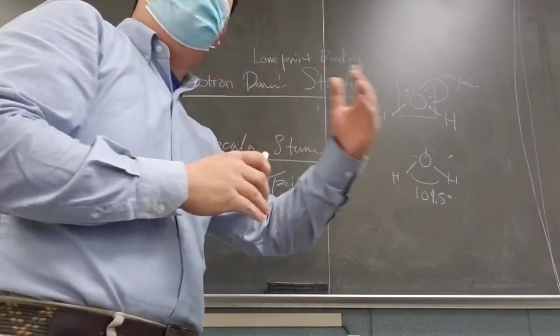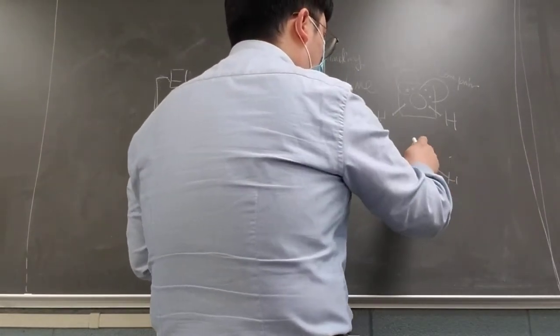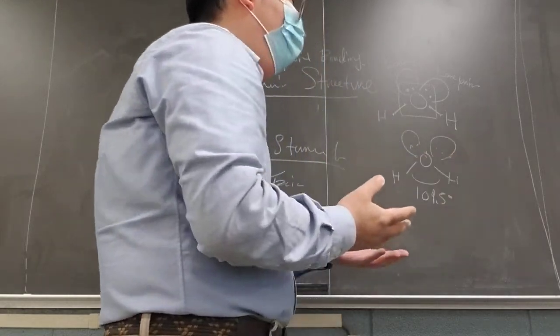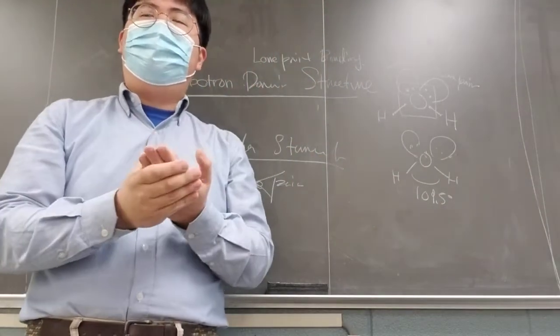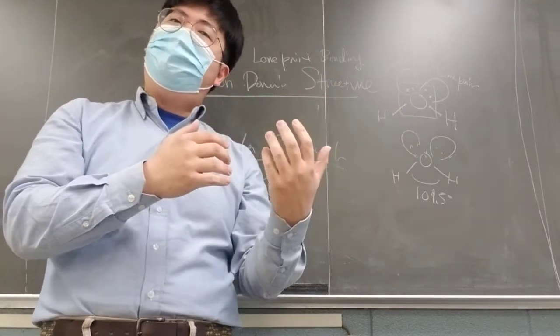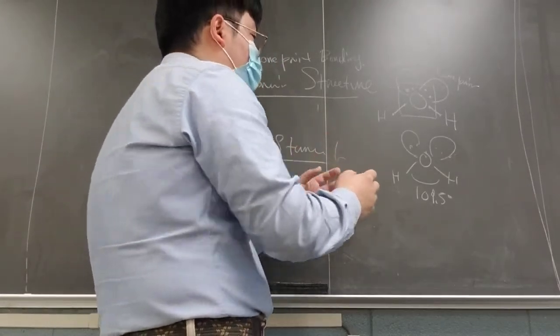But I want you to remember this one. This is not always true, but about 95% of the time, if you have a lone pair, think about it: the lone pair is not actually a bonding, but it takes a certain space. They hold the electrons there in a stable form.